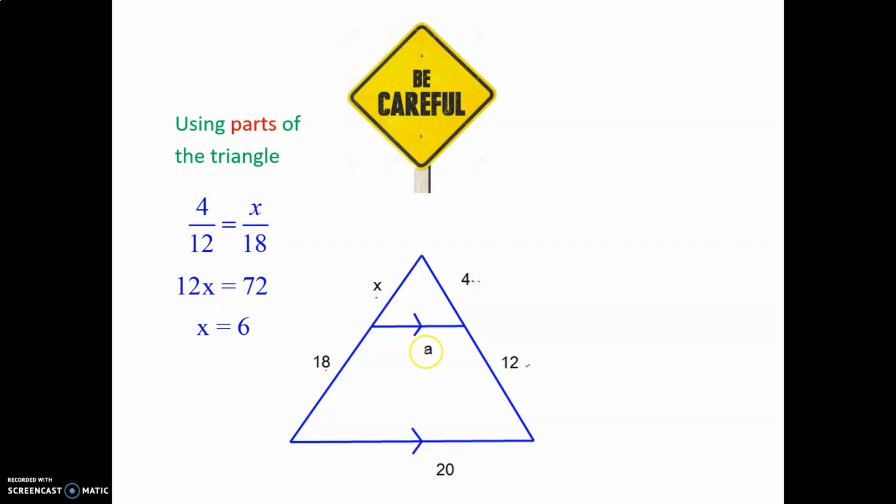Now, if I want to find A, it is a side of the triangle. It is not one of these side pieces. It is a side of the triangle.